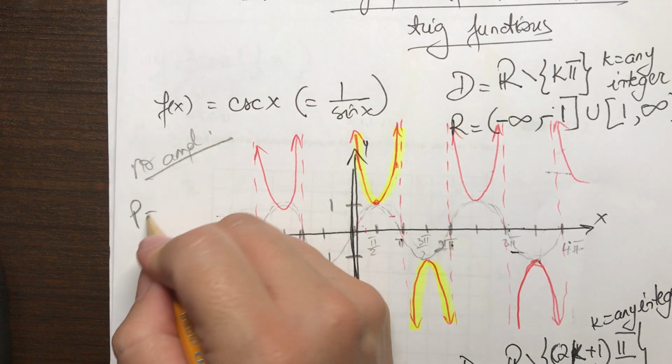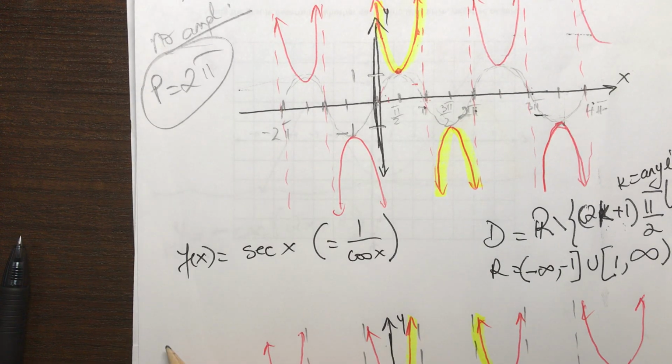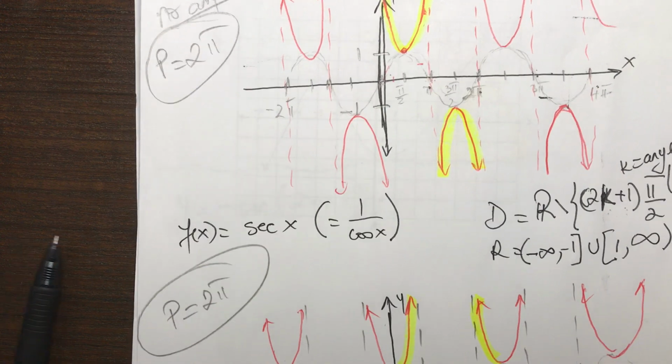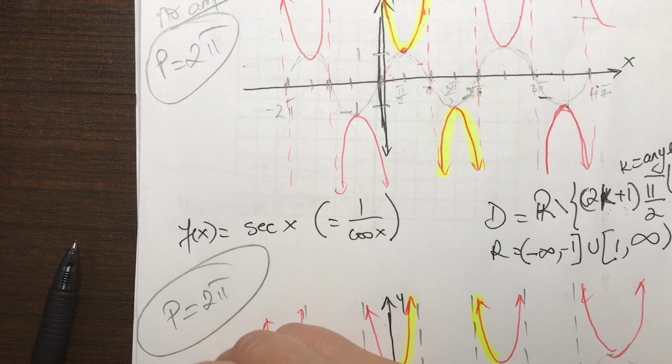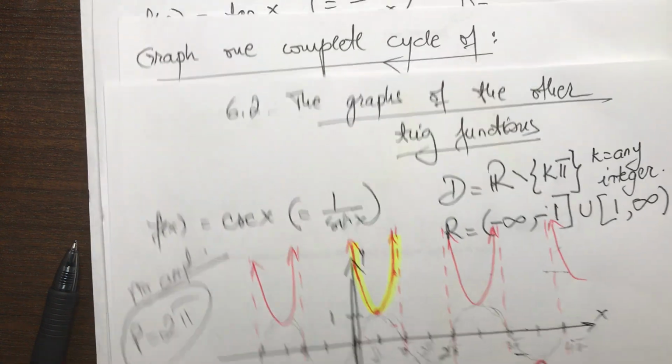But there's definitely a period, and very important, the period of cosecant is the same as the period of sine, and the period of secant is the same as the period of cosine, which is 2 pi. So again, we won't write an amplitude for either one because there's no highest value.